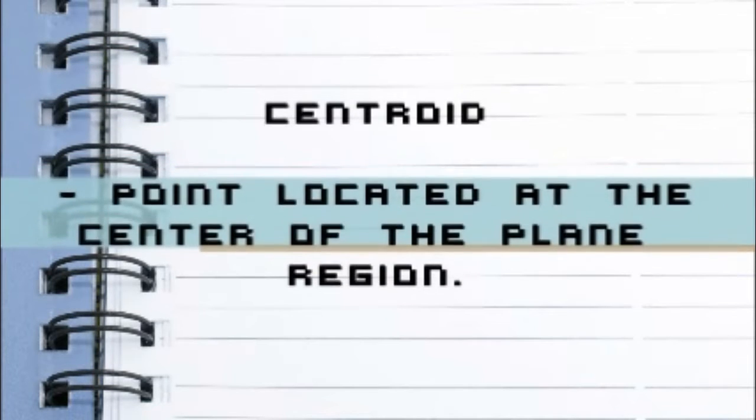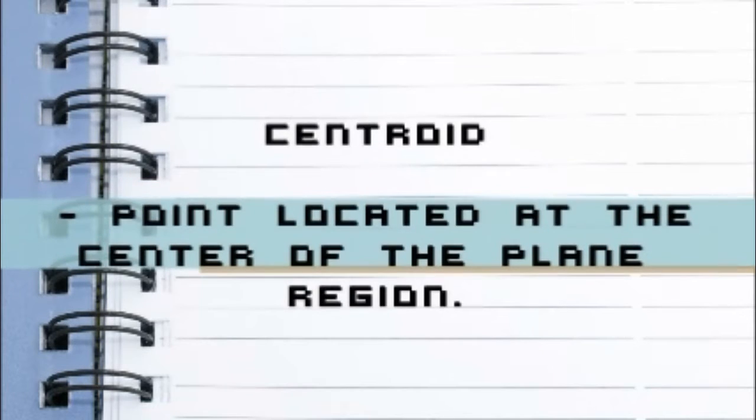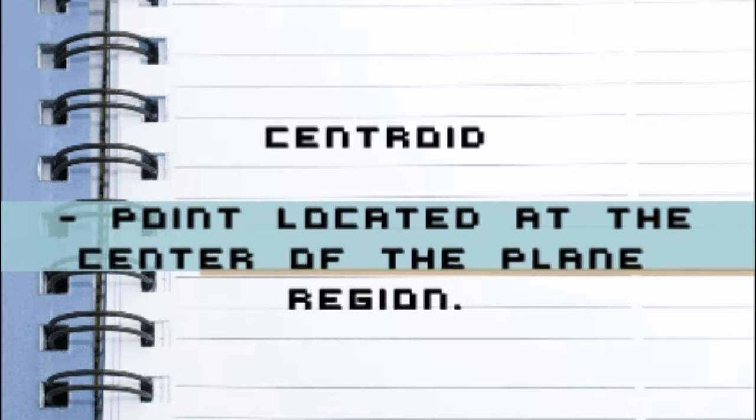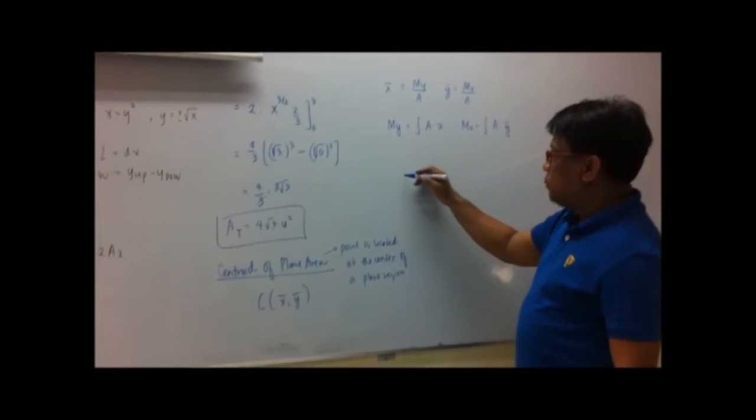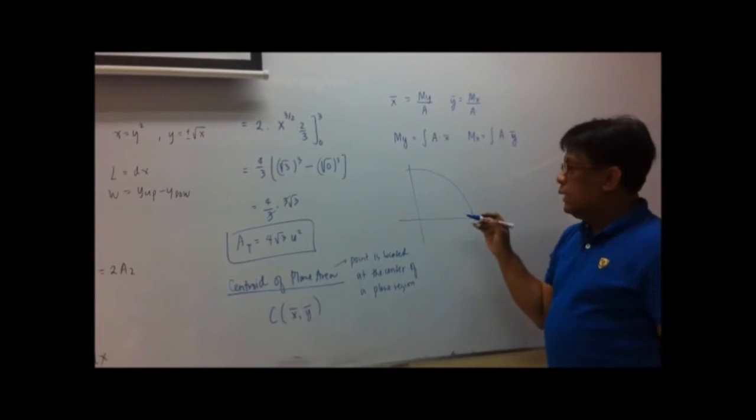So, we define centroid of plane area as a point which is located at the center of a plane region. So suppose we have this as our plane region, okay?